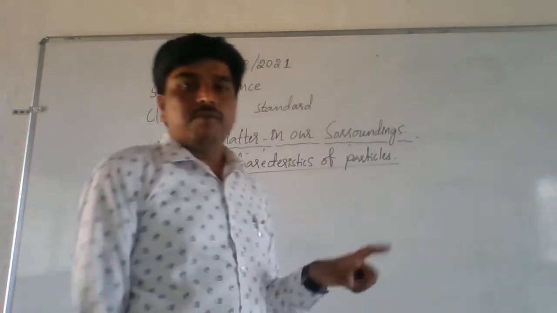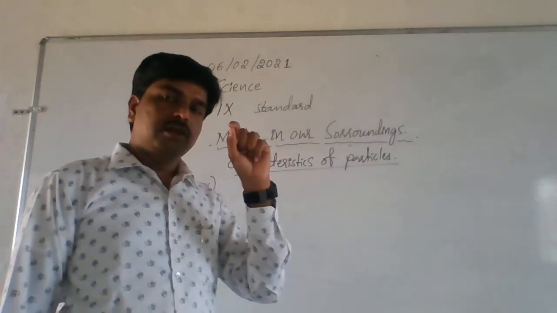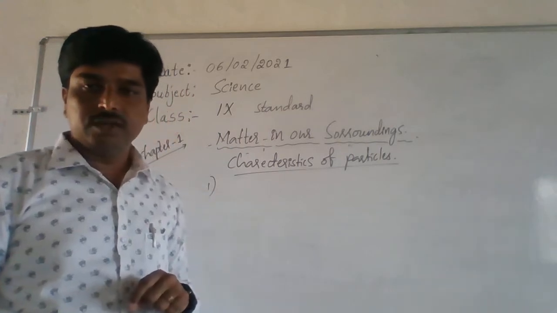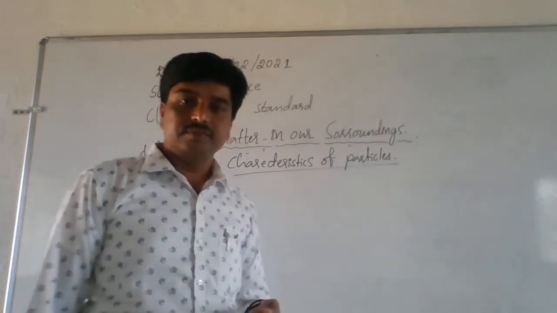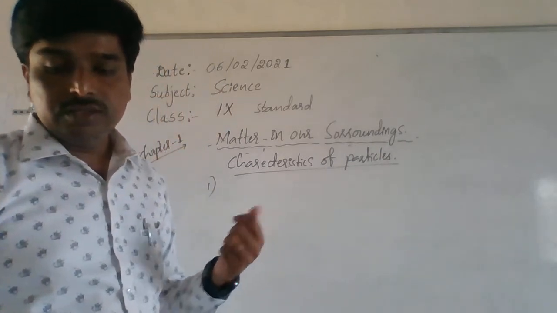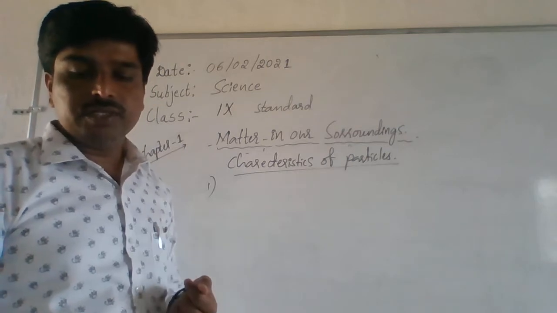Remember, matter is made up of particles. Particles are very tiny, and we cannot see them with our naked eye. These particles also have certain characteristics. Which are those characteristics? Let us see.